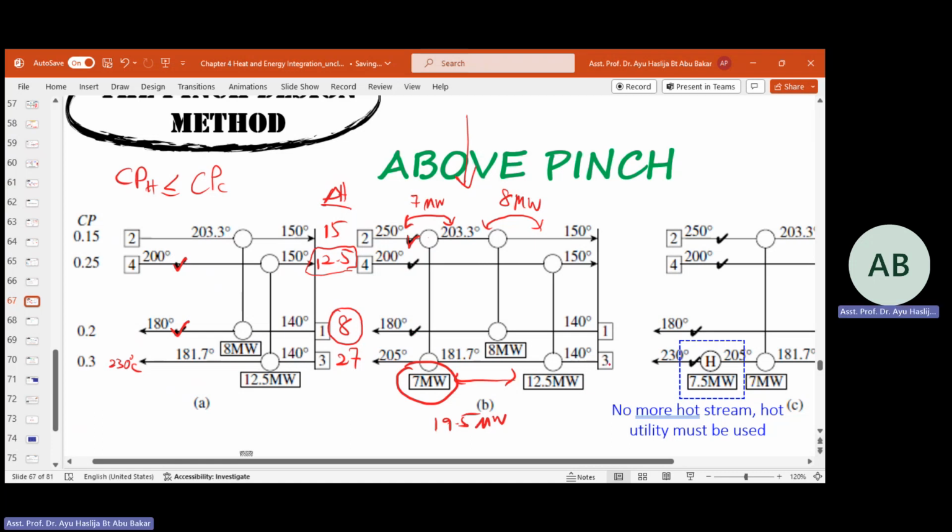Just stream 3 is left. So the remaining is 27 minus 19.5, which is 7.5. This 7.5 is what you need to supply from your hot utility.